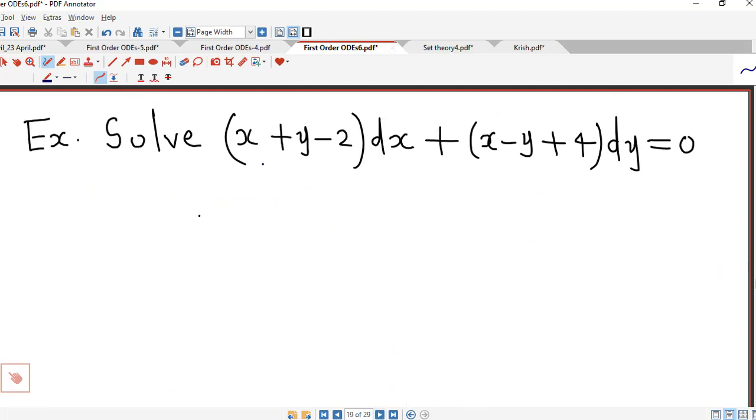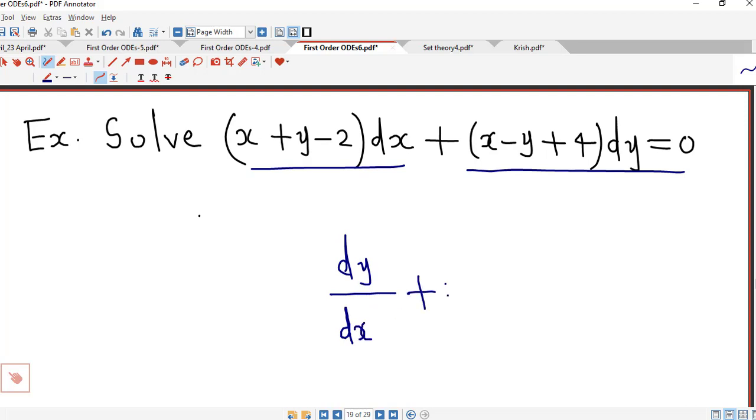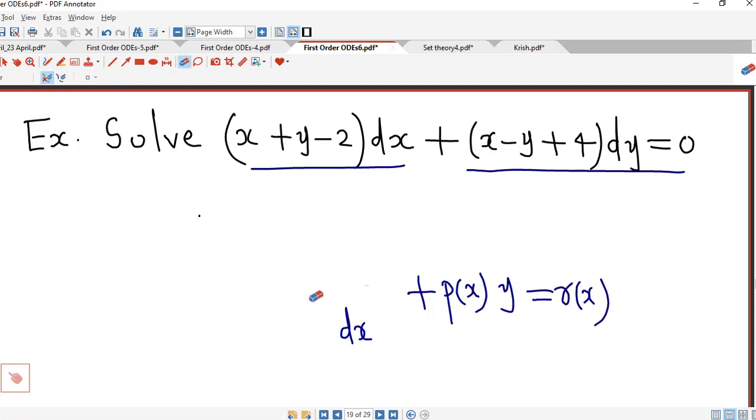solve the differential equation (x plus y minus 2) dx plus (x minus y plus 4) dy equal to 0. So this is obviously not separable because we have x and y in the addition, and this is obviously non-linear because it is not possible to write this equation either in this form dy by dx plus p(x) into y equal to r(x), or we can check by finding dy by dx.